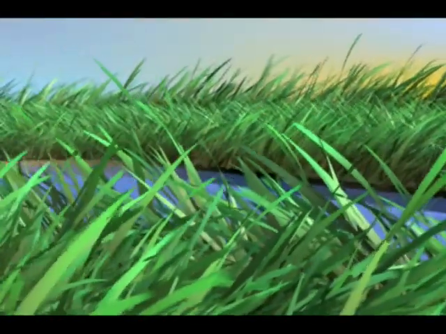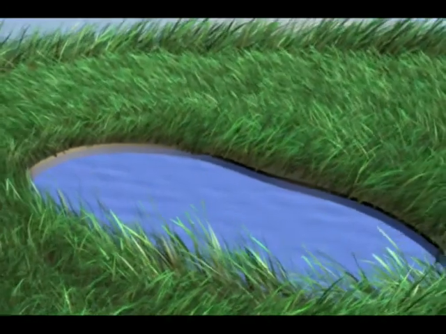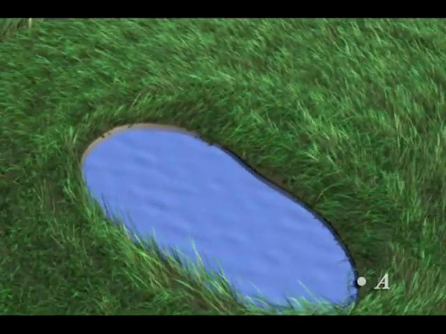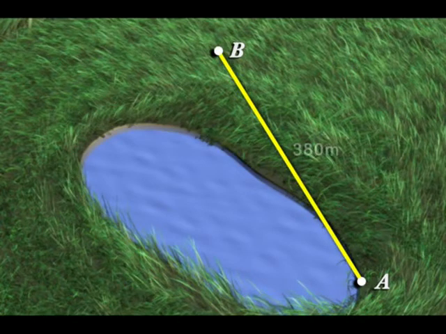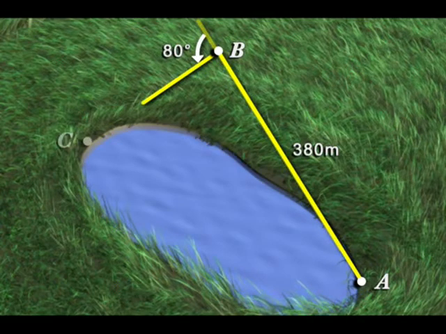You've got this marsh, and here's a picture of a marsh, and you're standing at point A, and you walk to point B, 380 meters to point B. Then you turn 80 degrees and walk to point C. And the distance from A to C will turn out to be the length of that marsh.